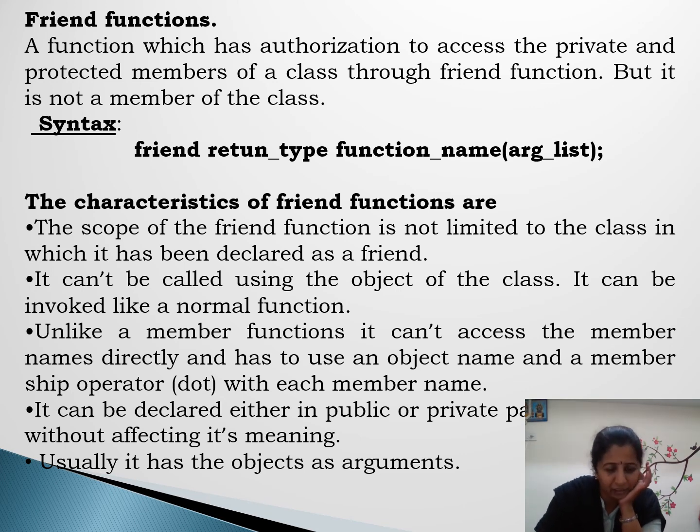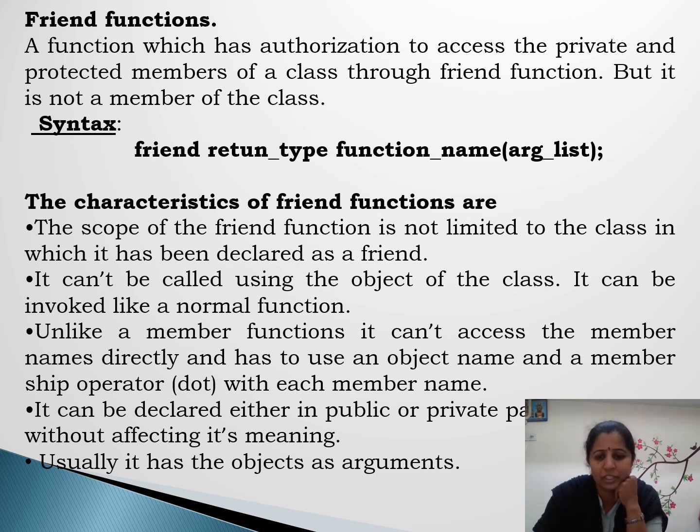So what are the characteristics? It is a non-member function. The scope of the friend function is limited to the class in which it is declared as a friend, and it cannot be called using the object of the class. It can be invoked like a normal function.